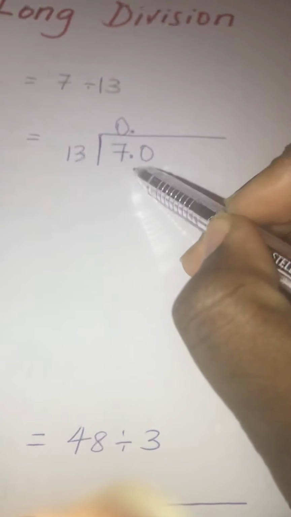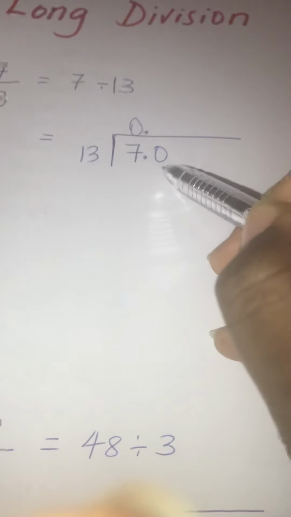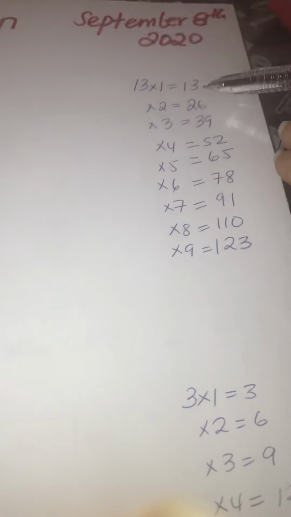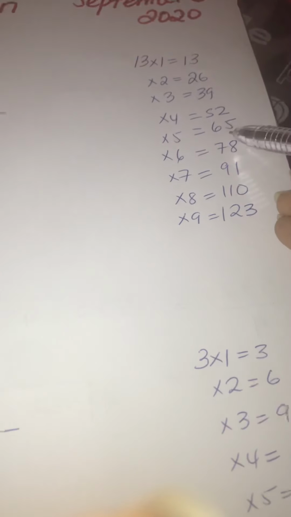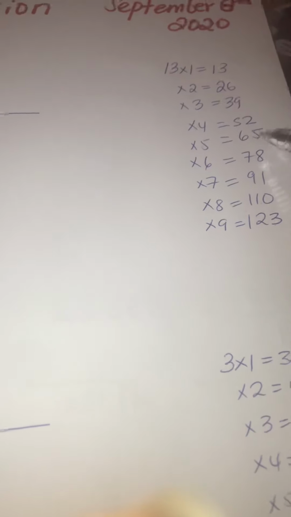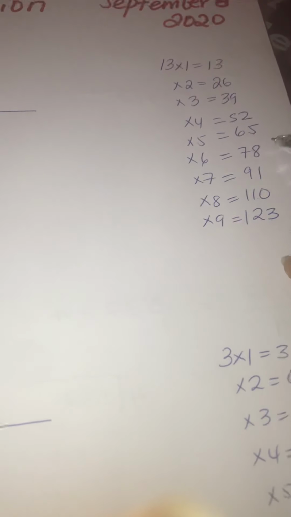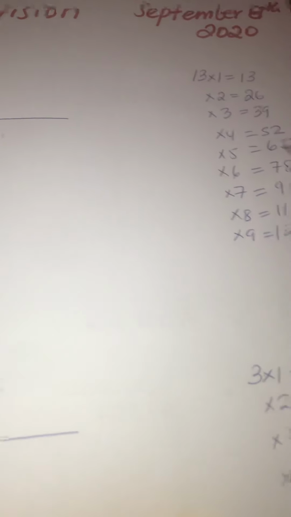Now, can 13 go into 70? Yes. 13 can go into 70 because 70 is bigger than 13. I come and look for 70. I don't see it here. But the closest number to 70 is 65. I cannot choose a number bigger than 70. I have to choose a number less than 70 and closer to 70.